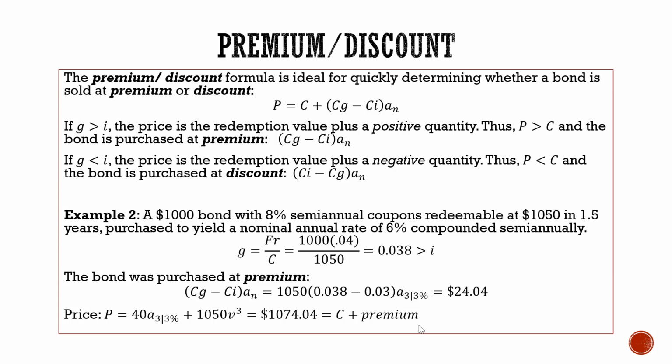So when you need to determine if the bond is sold at premium or discount, you can either calculate g and compare with i, or you can find the price of the bond and compare with the redemption value. If the price is greater than the redemption value, it is sold at premium. If the price is less than the redemption value, it is sold at discount.